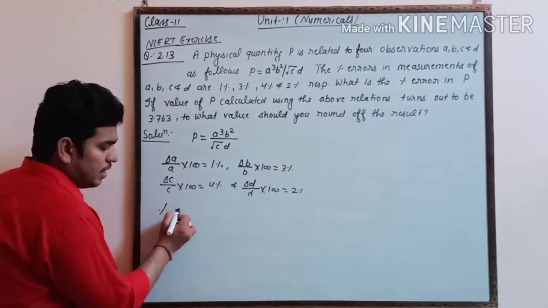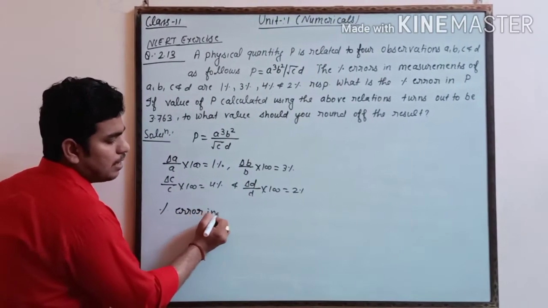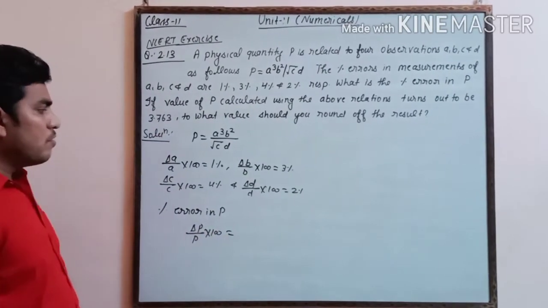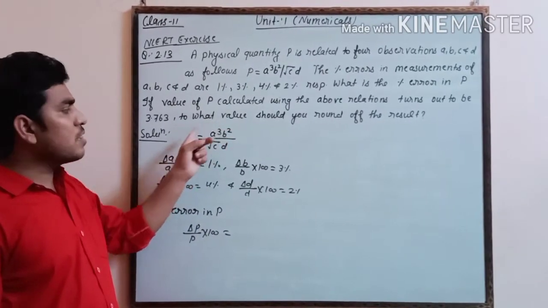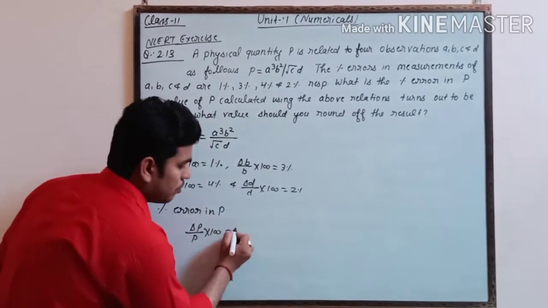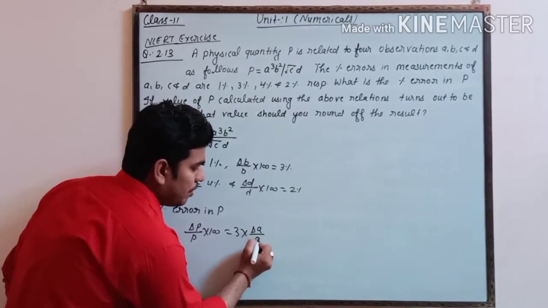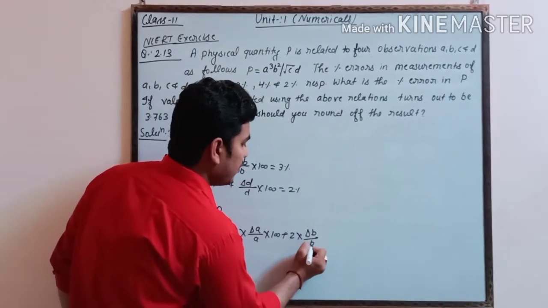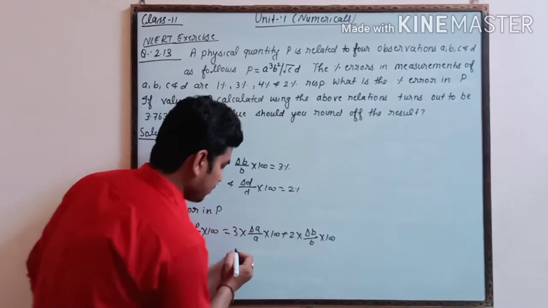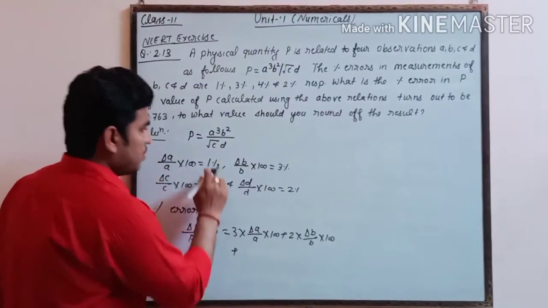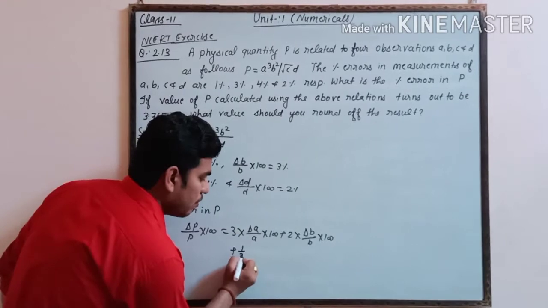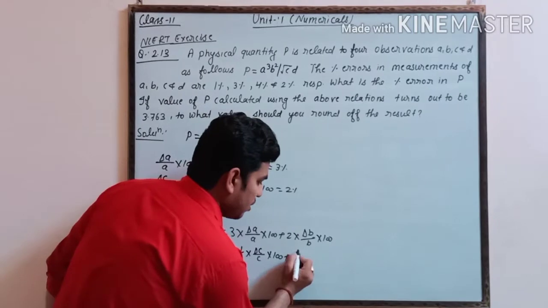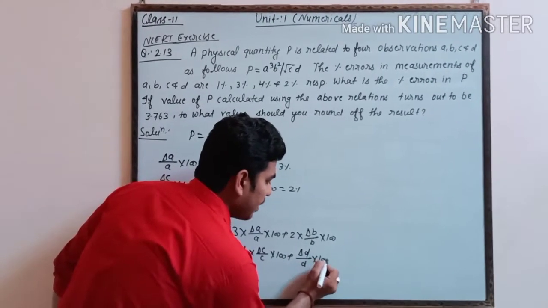So the percentage error in P will be delta P upon P into 100. What it will be? The power comes as the first term into this. So this will be 3 into delta A upon A into 100 plus 2 into delta B upon B into 100 plus, this is power 1 by 2, 1 by 2 into delta C upon C into 100 and this is 1, so delta D upon D into 100.